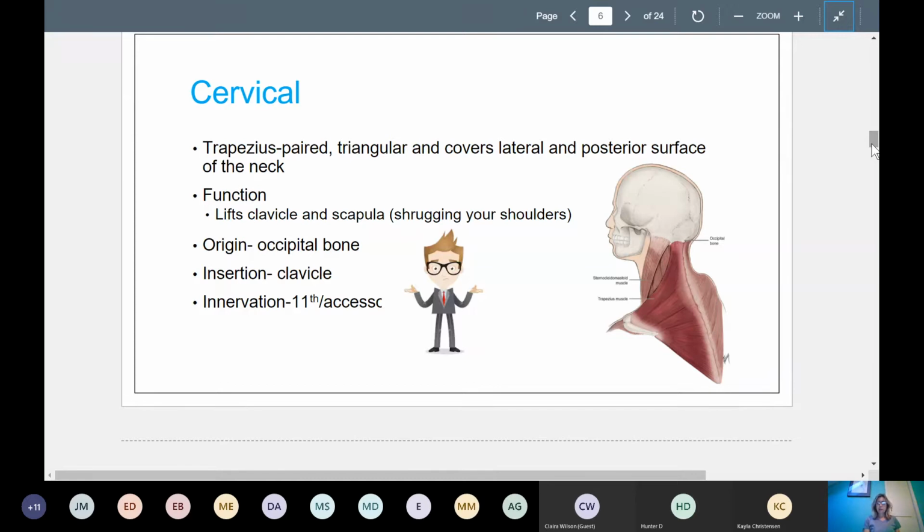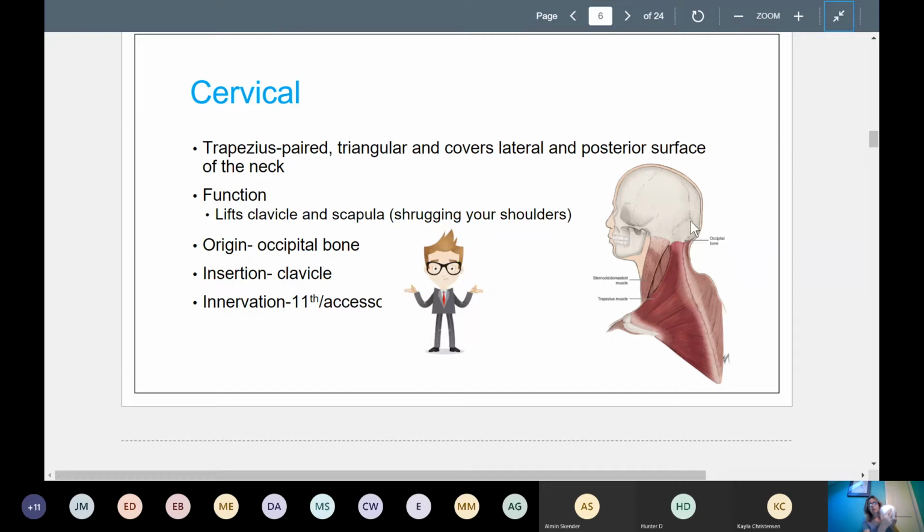Its origin is the occipital bone. If you look at this picture right here, can you see the cursor? Yeah, I can see it. Okay, so its origin, you can see, is right here at the occipital bone. And again, on the skull, here's the occipital bone.